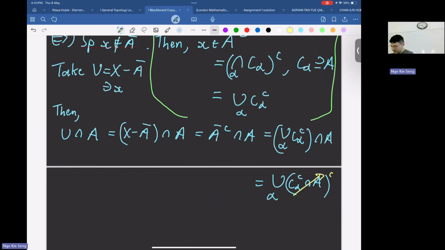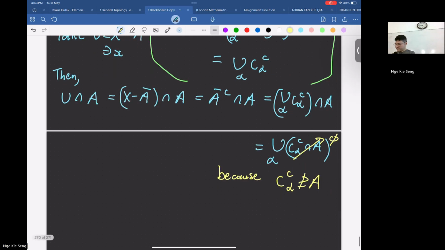This part is empty because C alpha complement doesn't contain A, as A is contained in C alpha.